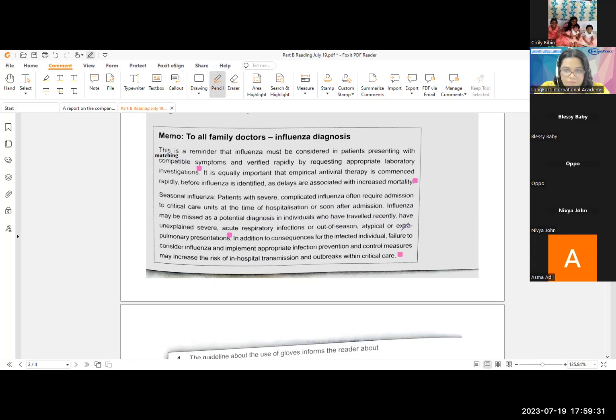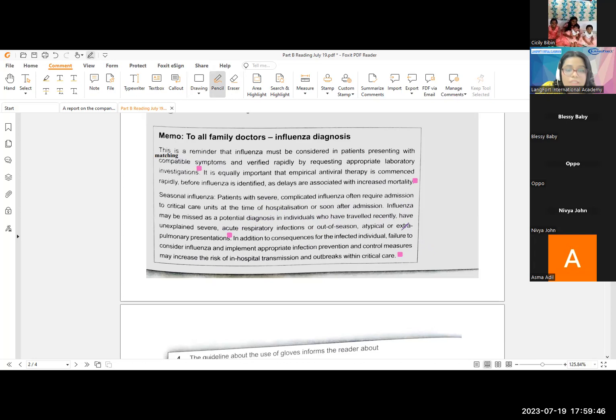In addition to consequences for the infected individual, failure to consider influenza and implement appropriate infection prevention and control measures may increase the risk of in-hospital transmission and outbreaks within critical care.